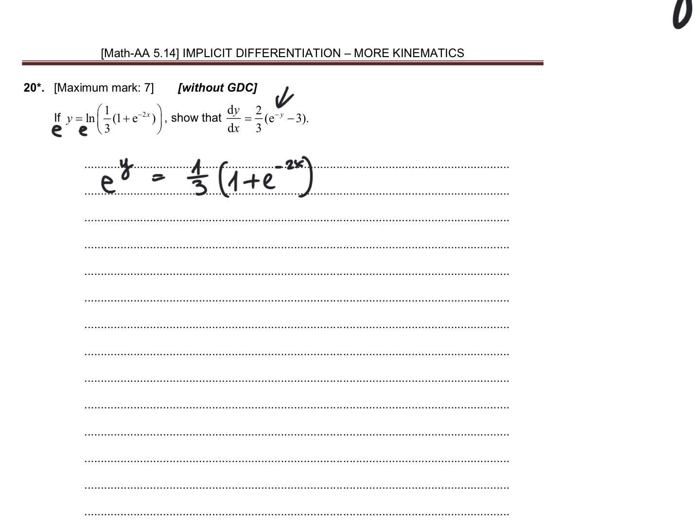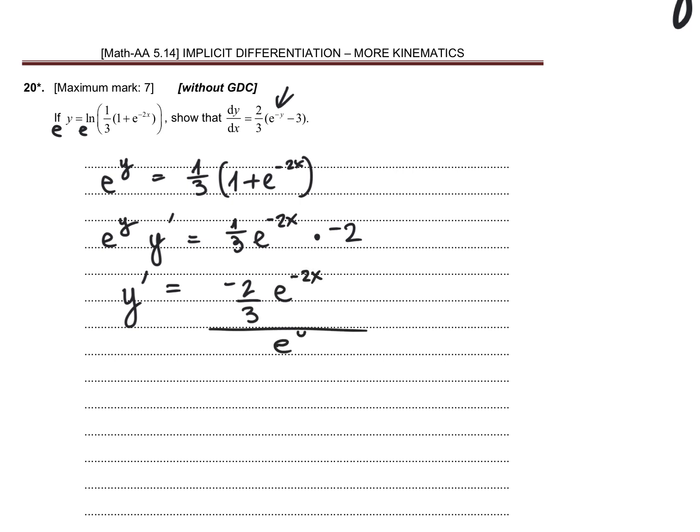Now, if we do the derivative of each side, we're going to have just e to the y times y prime equals, and then the derivative of this side is 1/3 e to the negative 2x times negative 2. So now we have y prime equals negative 2/3 e to the negative 2x over e to the y.